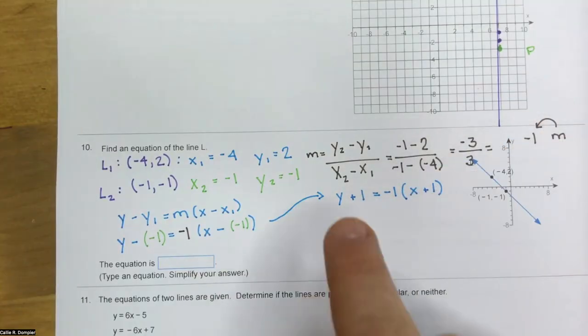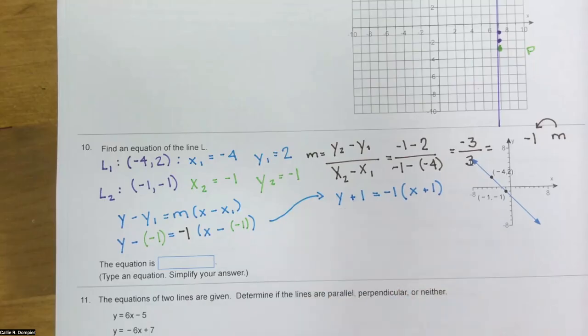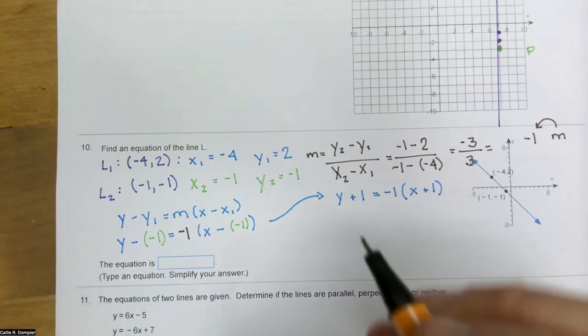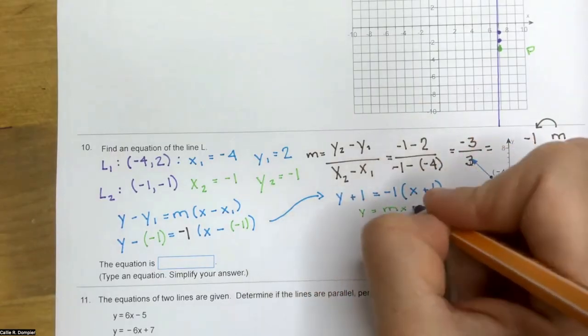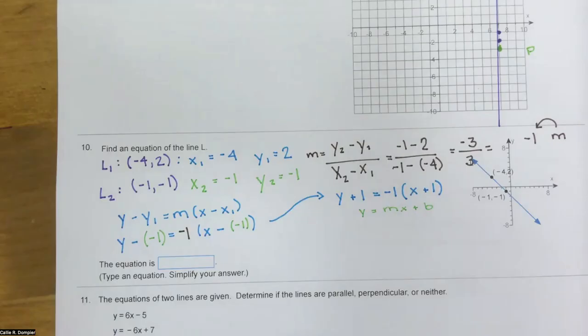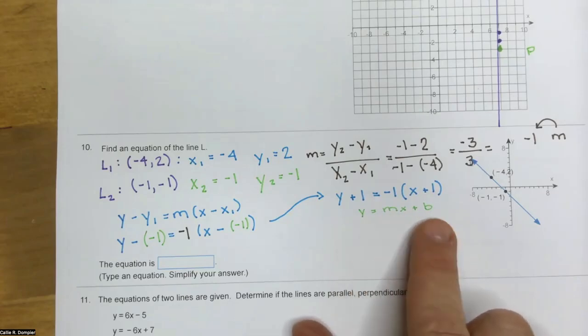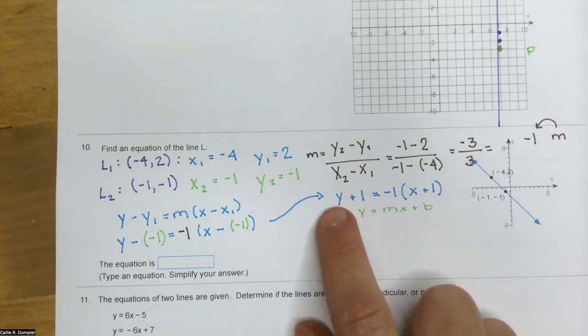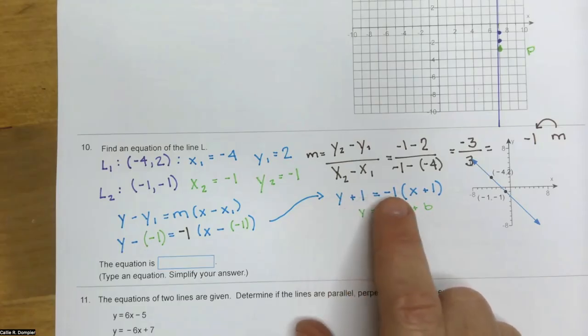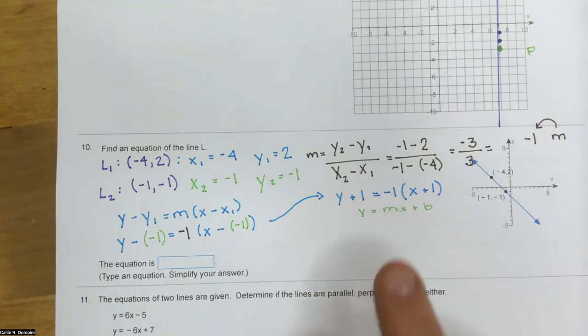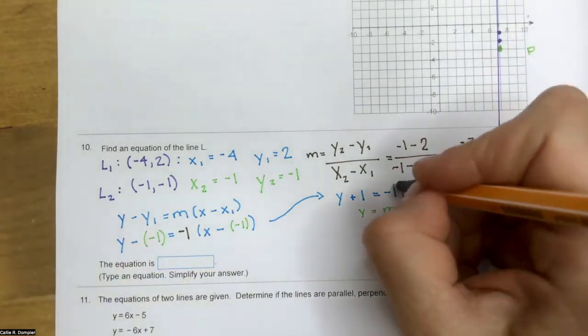Okay? So what you want it to look like is y equals mx plus b, right? That's the equation we're looking for. I mean, you could put it in standard form, but I think the easiest form to leave it in would be this form. So we want to get y alone, but before you move that +1, you need to distribute the -1, okay? Do you see parentheses? That means we need to distribute.